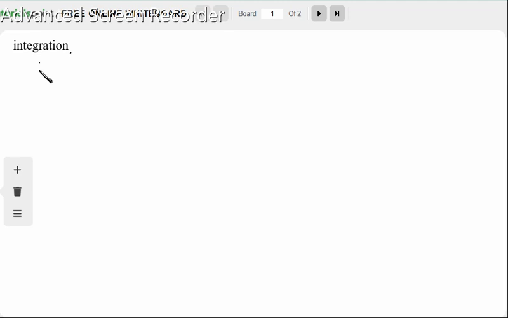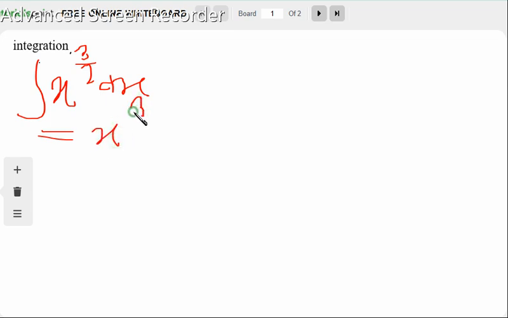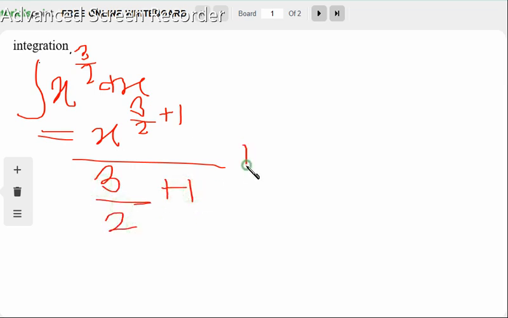Now the second question states the integration of x to the power 3/2 dx. If you try to integrate this expression according to the power rule, we'll get x to the power 3/2 plus 1 divided by 3/2 plus 1, plus c, which is the constant.